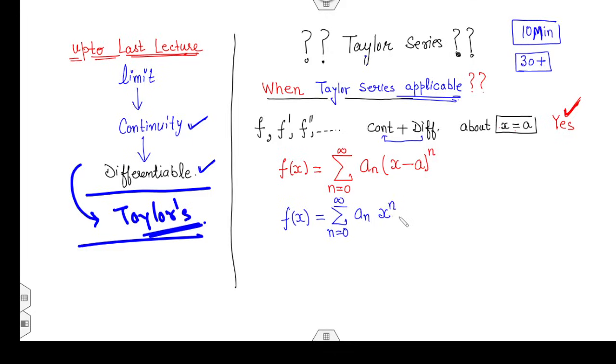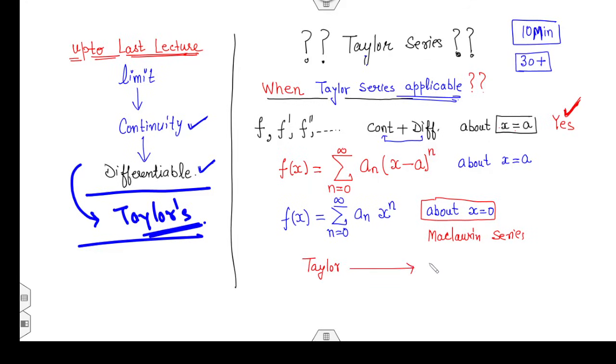This is about 0. This is about x is equal to 0 and this term is about x is equal to a. Whenever you see the term about 0, it is called the Maclaurin series.